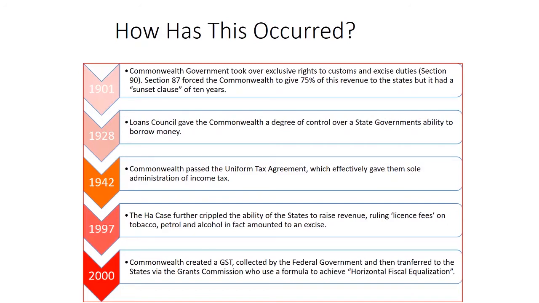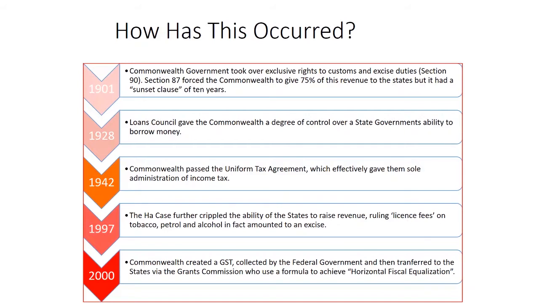Okay, income tax is a huge source of revenue for governments, and before 1942 the states were able to raise their own income tax, because unlike customs and excise, the federal government's ability to raise income taxes is from Section 51, subsection 2, and hopefully you know by now, Section 51 is concurrent power, meaning both state and federal governments can make laws with regard to them.